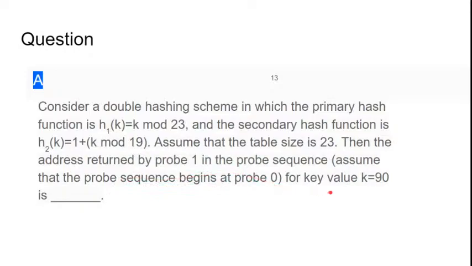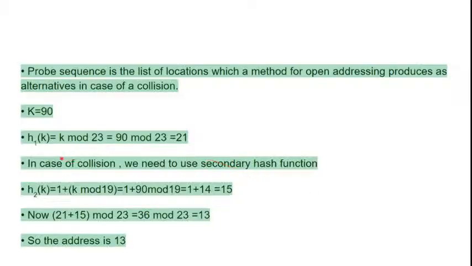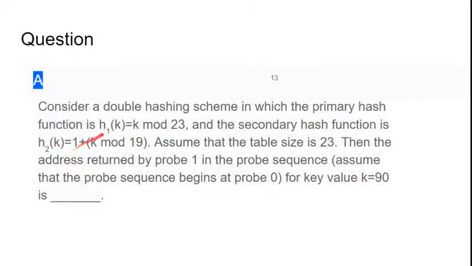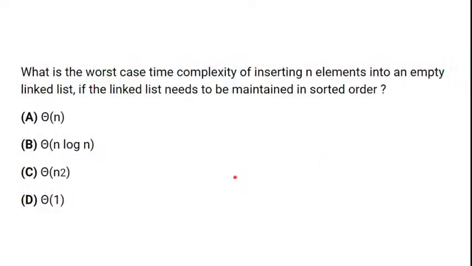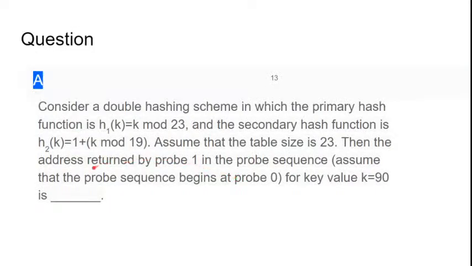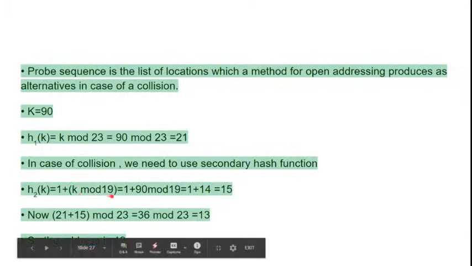Here the key value k is 90 and the hash function h1 of k is equal to k mod 23. So 90 mod 23 gives 21. In case of collision we need to use the secondary hash function, h2 of k is equal to 1 plus k mod 19.